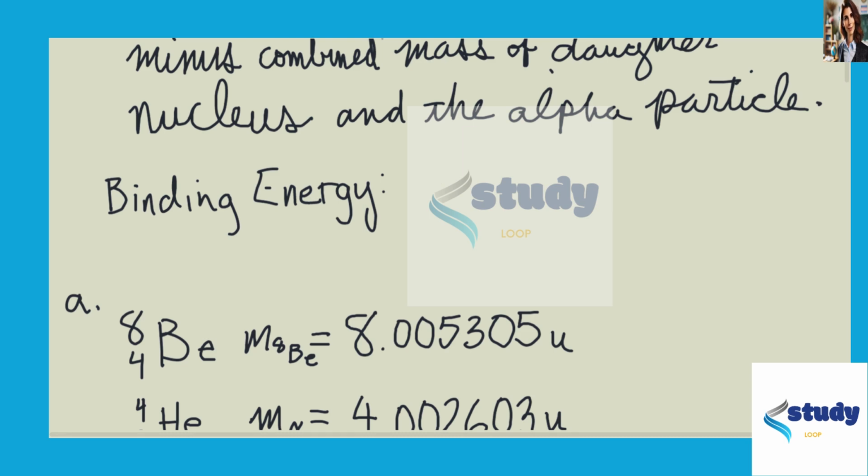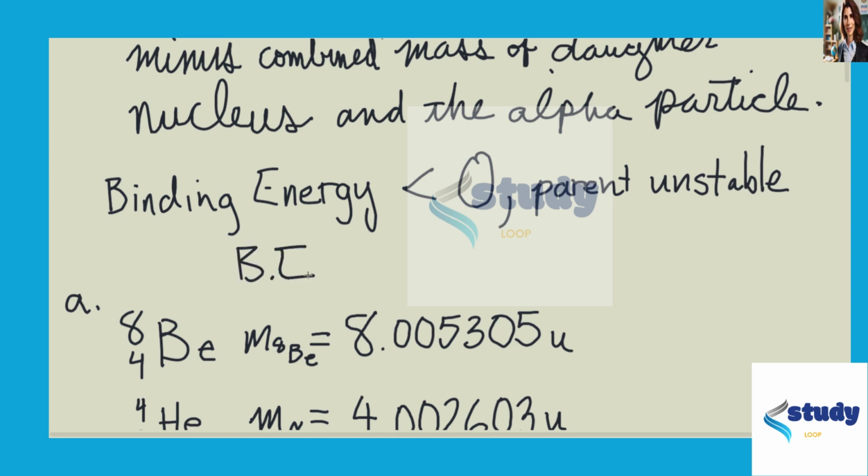So in terms of binding energy, when it is negative or less than 0, that means the parent is unstable. And the converse case, when the binding energy is positive, the parent nucleus is stable.